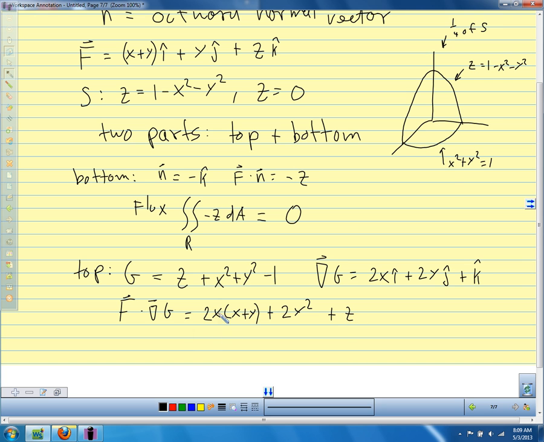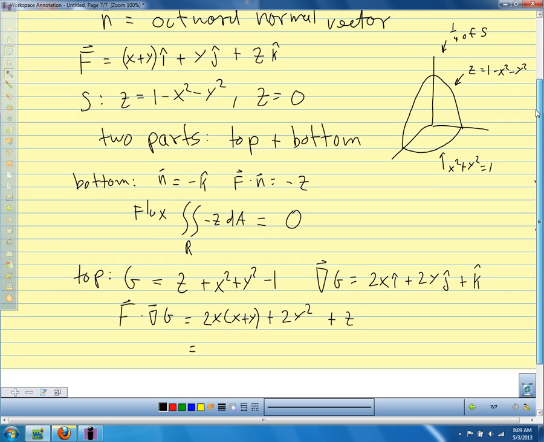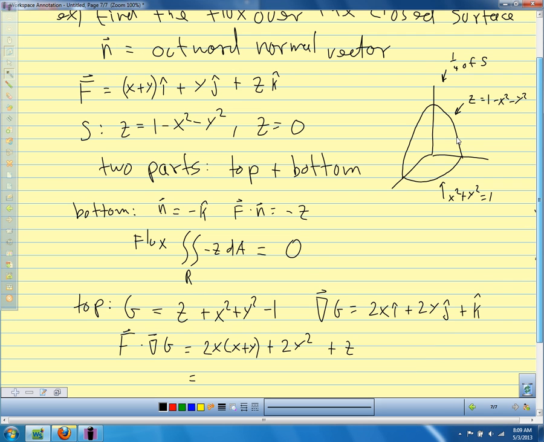And before I simplify, I'm taking the double integral over our region in the xy plane. So what are we going to use for z here? One minus x squared minus y squared.